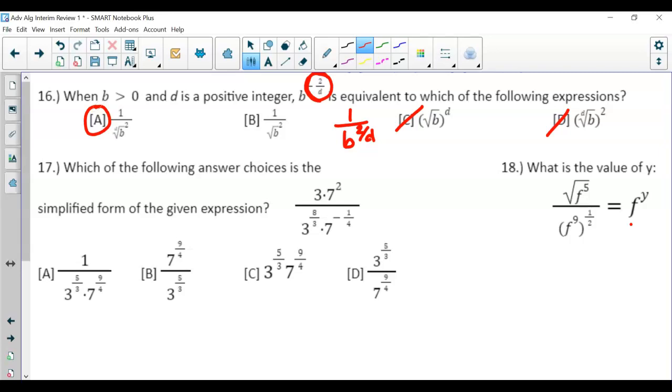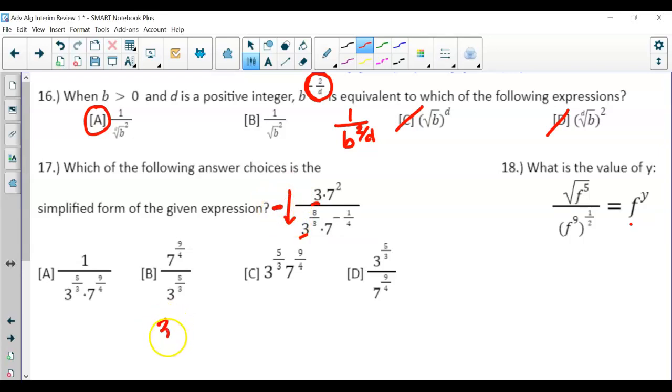So now question 17. I see that we're multiplying in our numerator and denominator. So can we add our exponents? No, because the bases are different. But we're dividing and the bases are the same. So that means, right, when we're dividing from top to bottom, make sure now to subtract the exponent. So here we go.